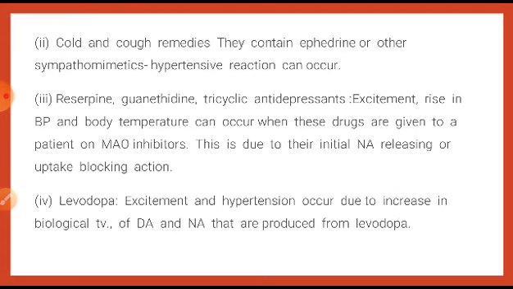Another interaction we have observed is when the patient is taking drugs used for cold and cough remedies. What happens there? They contain ephedrine or other sympathomimetics, right? In that case also, hypertensive reactions can occur.